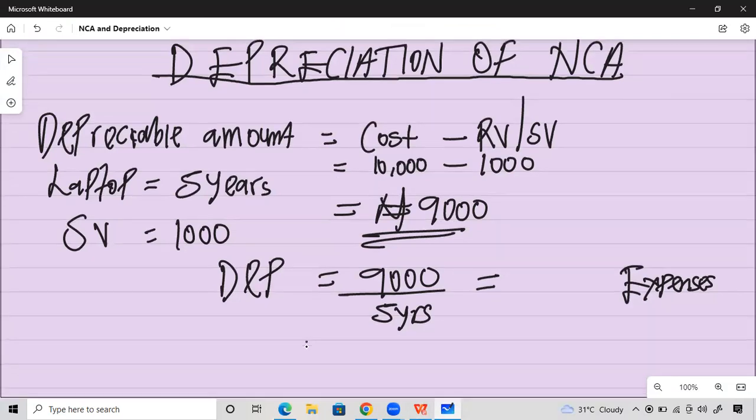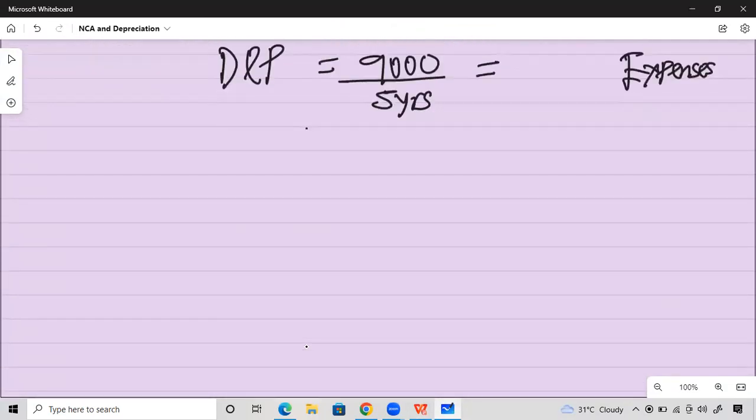with the straight line method, it will be the cost. This is the formula for straight line method.